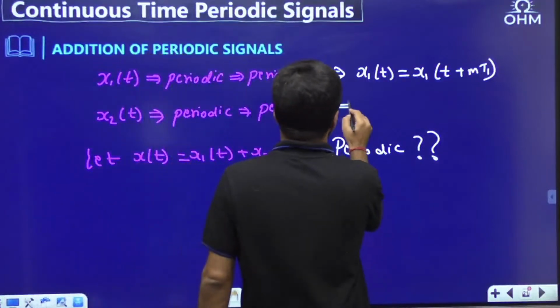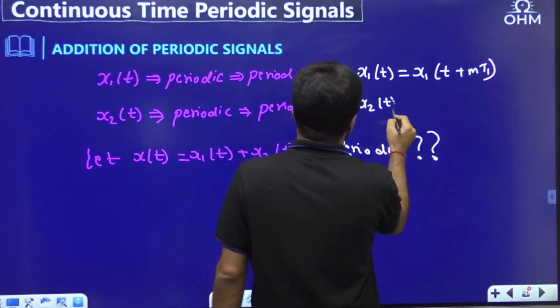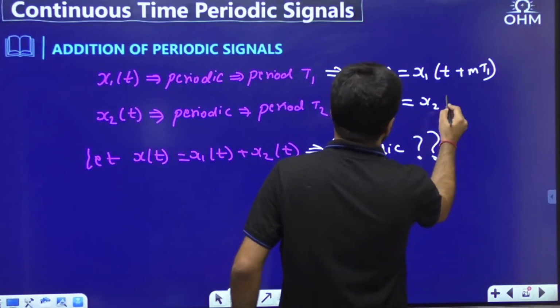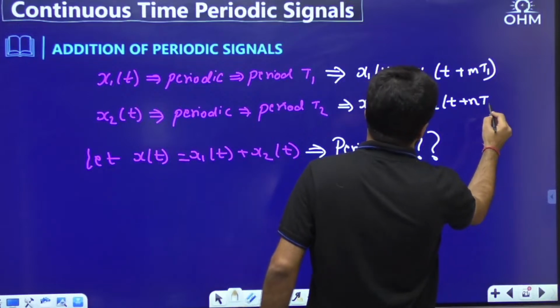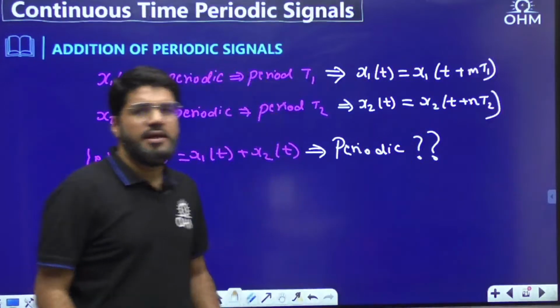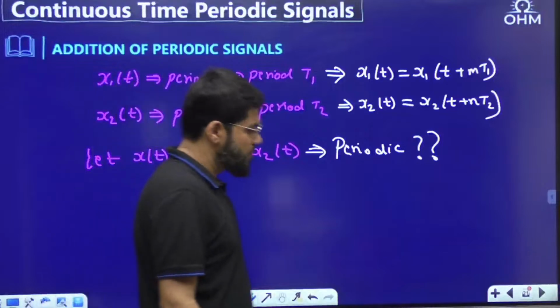Similarly, x2(t), because it is periodic, can be written as x2(t plus nT2).